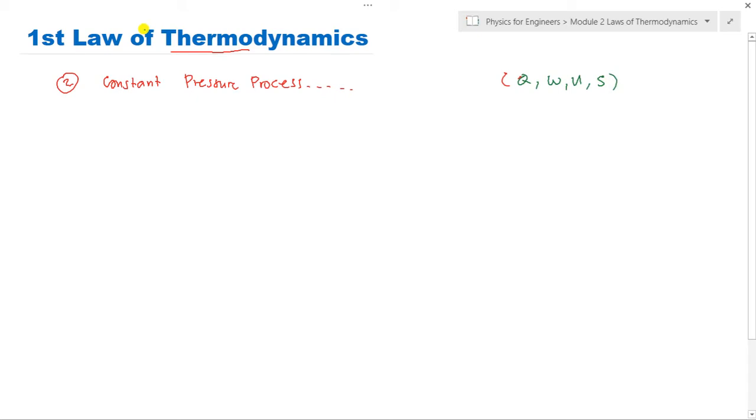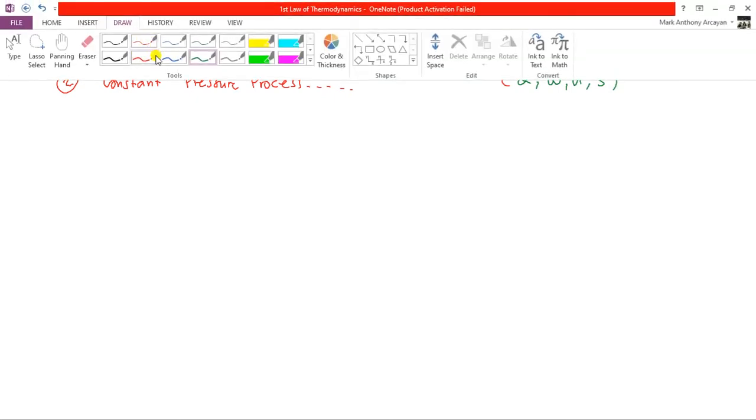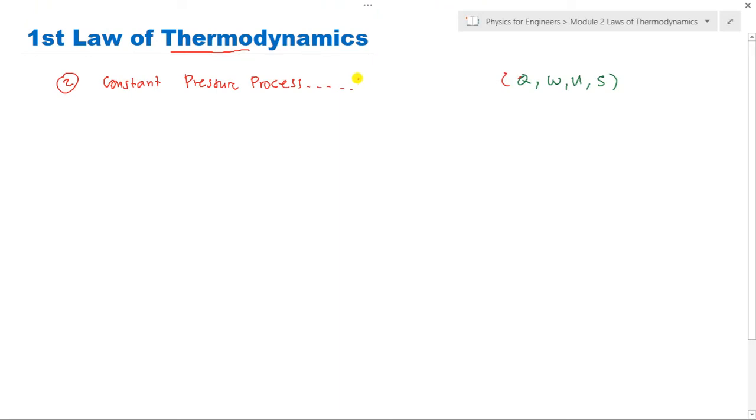Okay, for a constant pressure, it is also known as isobaric or isopiestic. Isobaric or isopiestic. Muna siya, constant pressure nga kanang process.